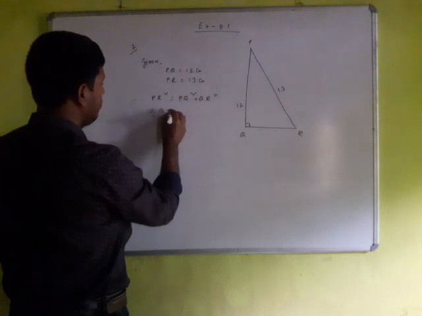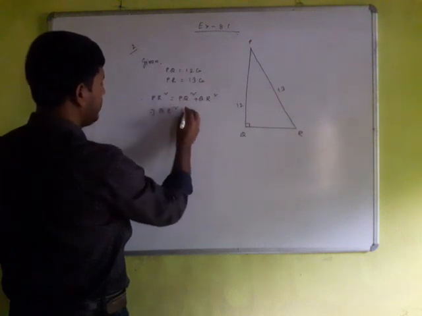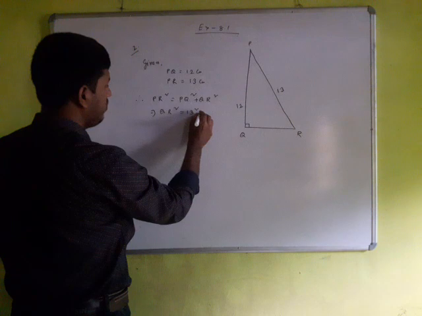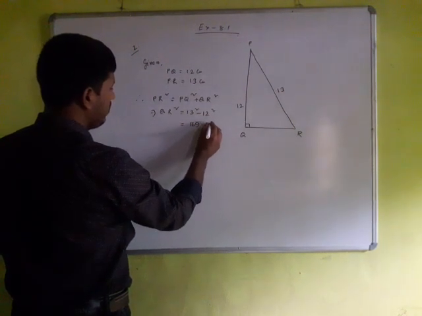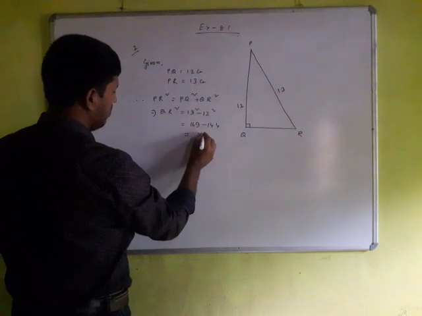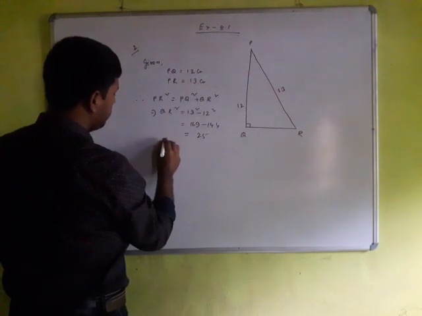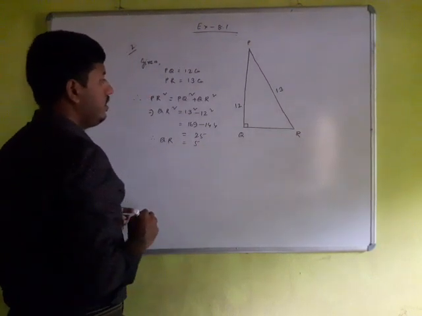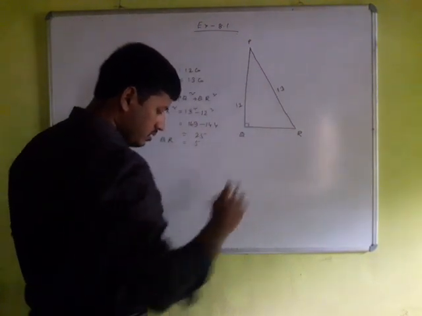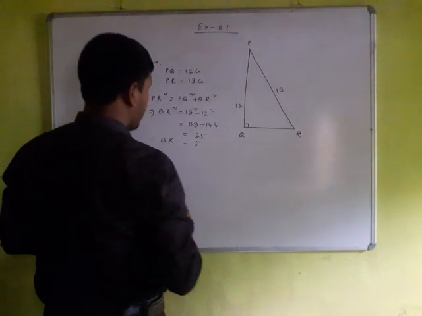QR square equal to PR square minus PQ square, 13 square minus 12 square, 169 minus 144, therefore QR equal to 5. Now we have to find the value of tan P minus cot R.